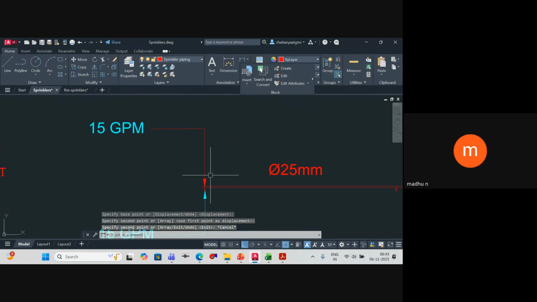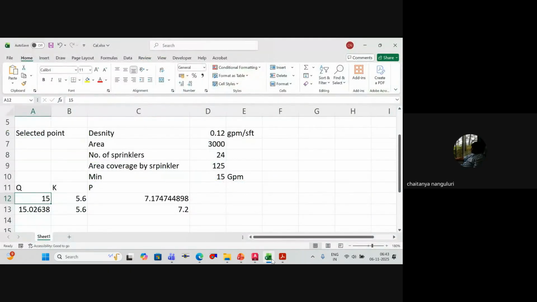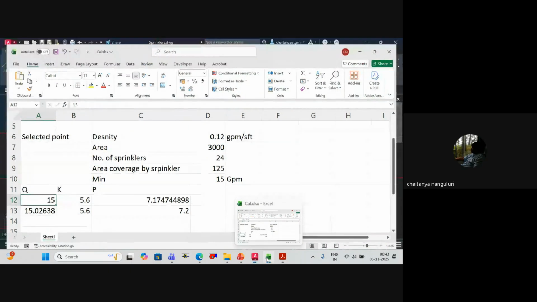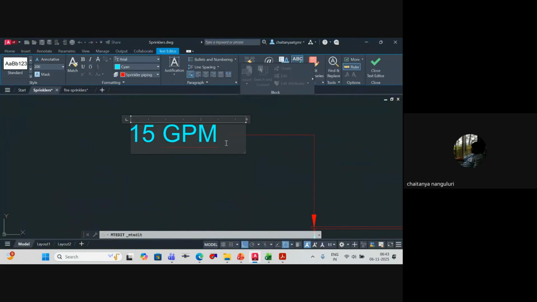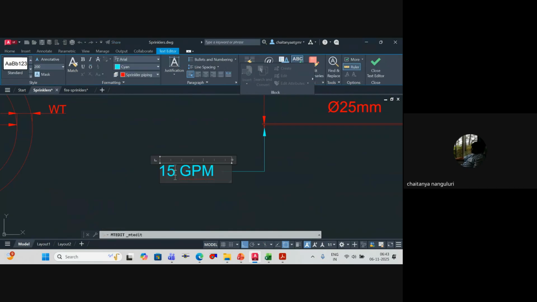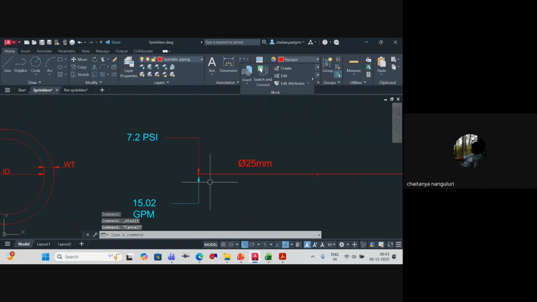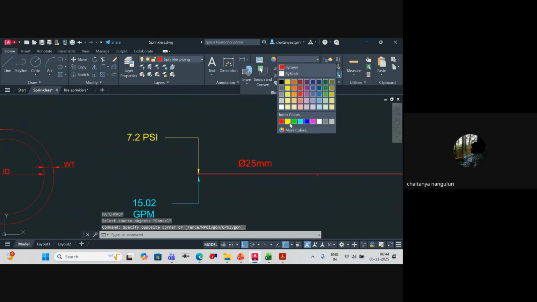The exact value is 7.17, so 7.2 PSI we will take. And this one is 15.02, right? Two decimals we will anyway use. So 15.02 GPM is what we have to consider. So these are the values that we've got.